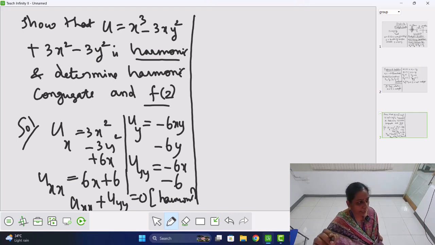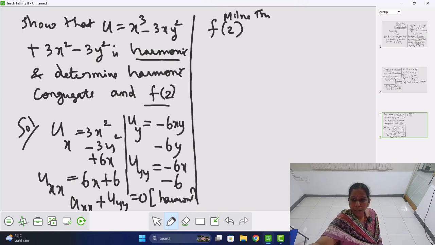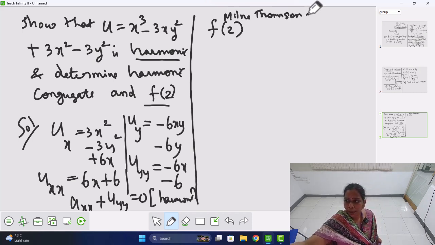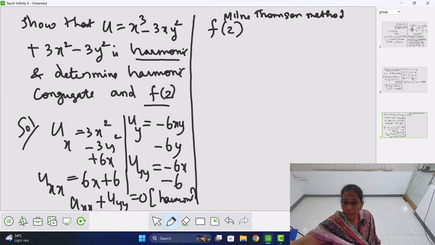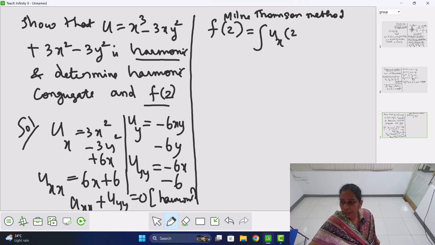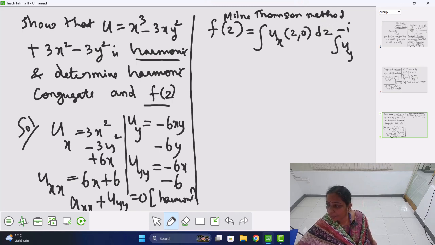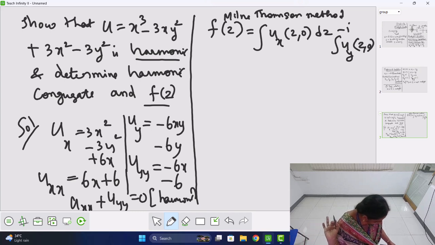Next, we have to find f of z. So what is f of z using the Milne-Thomson method? f of z will be equal to integral of ux of z comma 0 dz minus i times integral of uy of z comma 0 dz.